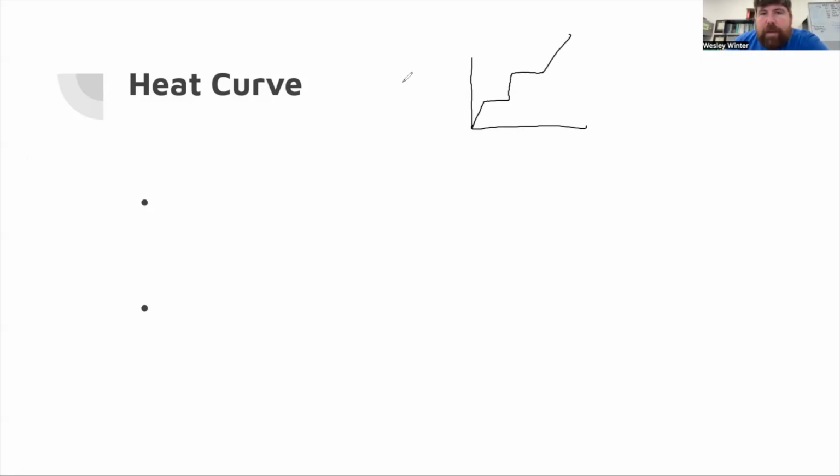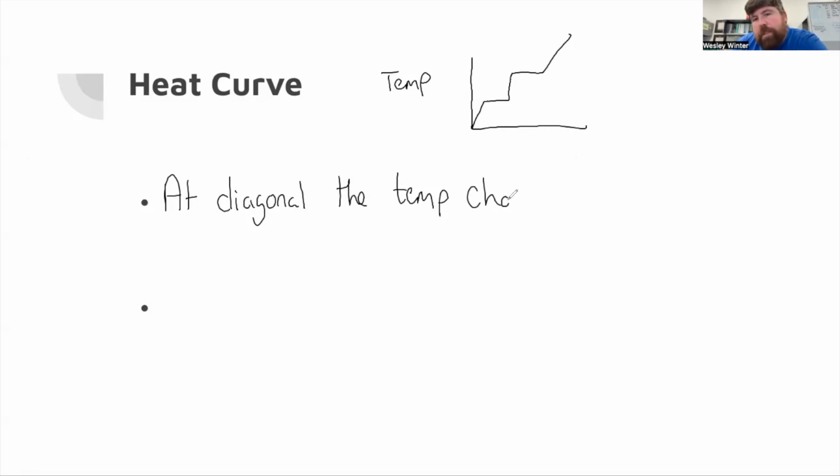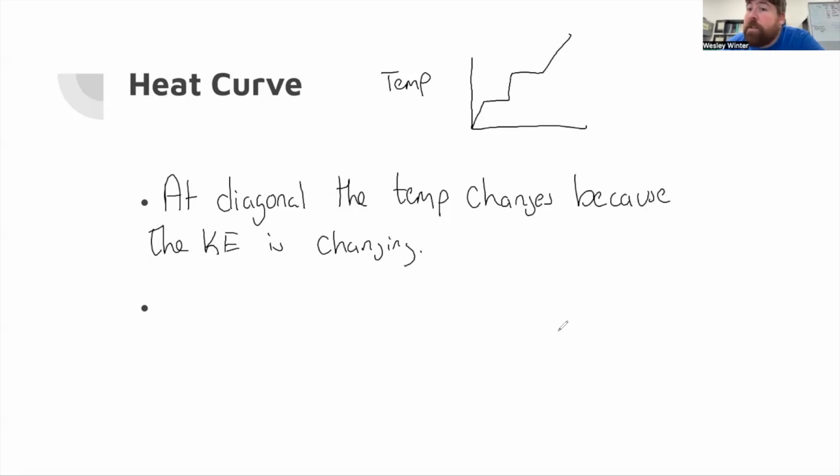So at a diagonal line, you're changing the temperature. At a diagonal, the temperature changes, and the reason is because we are changing the kinetic energy. Remember, the kinetic energy is the energy due to motion.